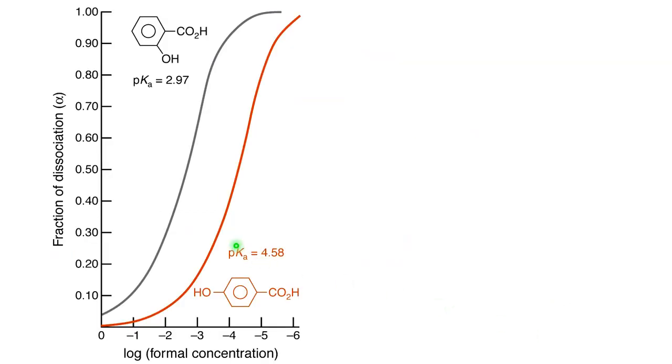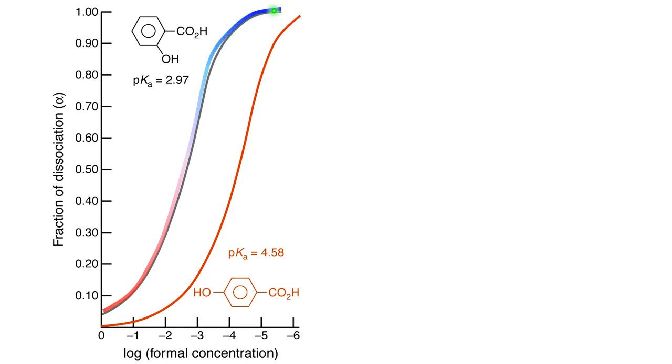The situation is relatively simple. As you recall, the fraction of dissociation changes with concentration. So in our first example, with large concentrations, the acid behaves like a weak acid, and with low concentrations, it behaves like a strong acid, with almost full dissociation.